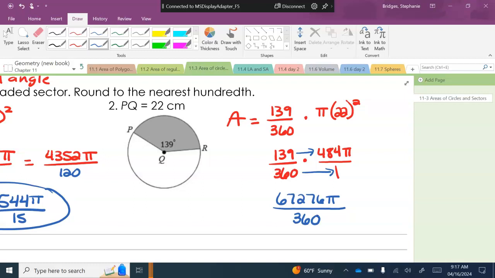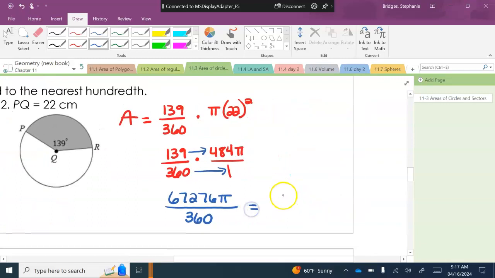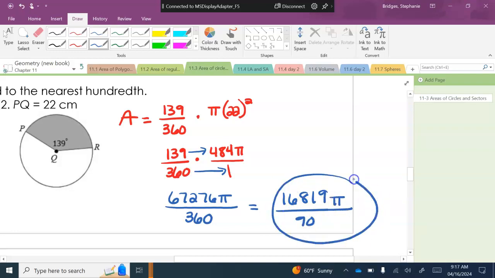Did I do this one? You got to do it. Look, this is exactly what you hit in the calculator.